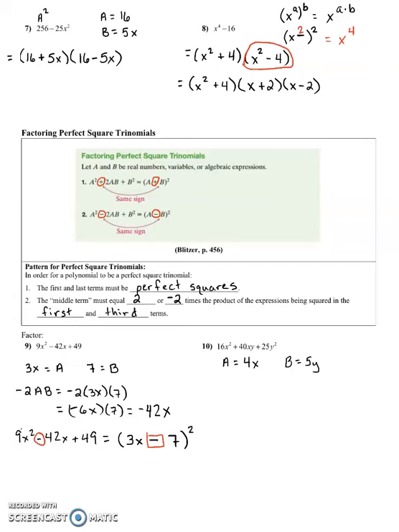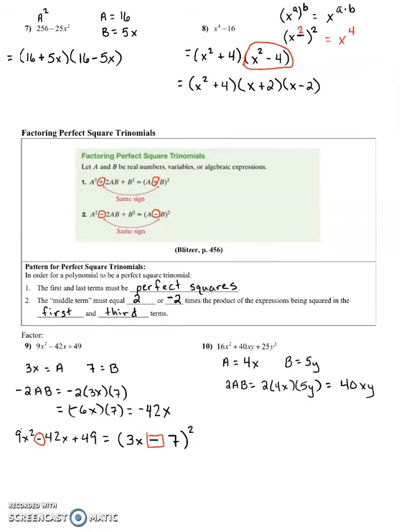Since we have a plus, let's see if our middle term is 2 times a times b. So 2 times 4x times 5y does indeed. 2 times 4 is 8. 8 times 5 is 40. And we have an xy there. So yes.